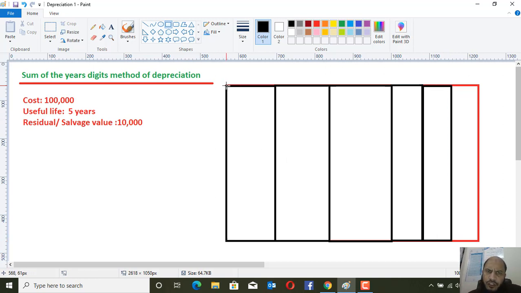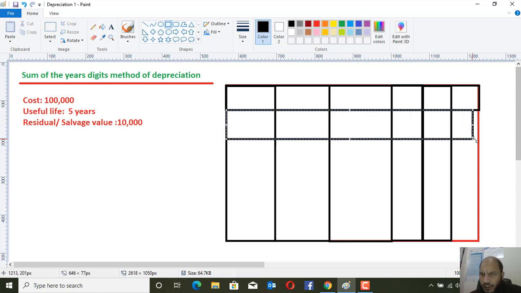Dear students, this chart has many rows. So we will have 5 rows for year 1, year 2, year 3, 4, and 5.